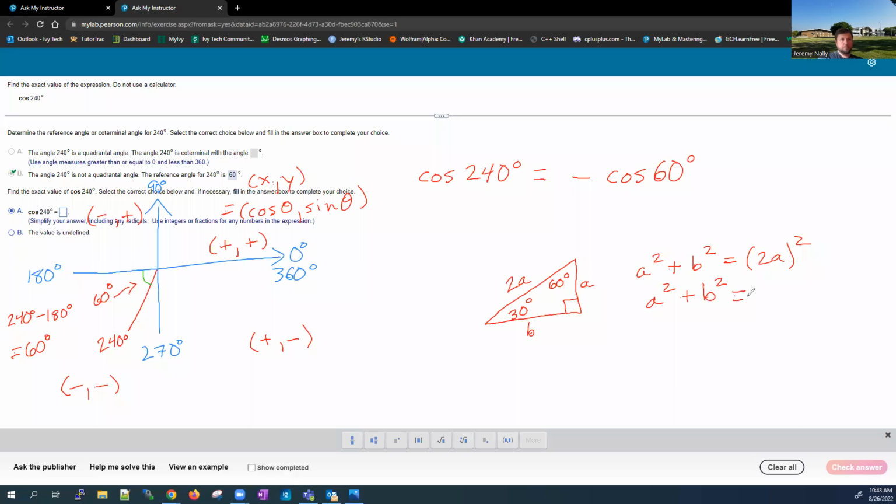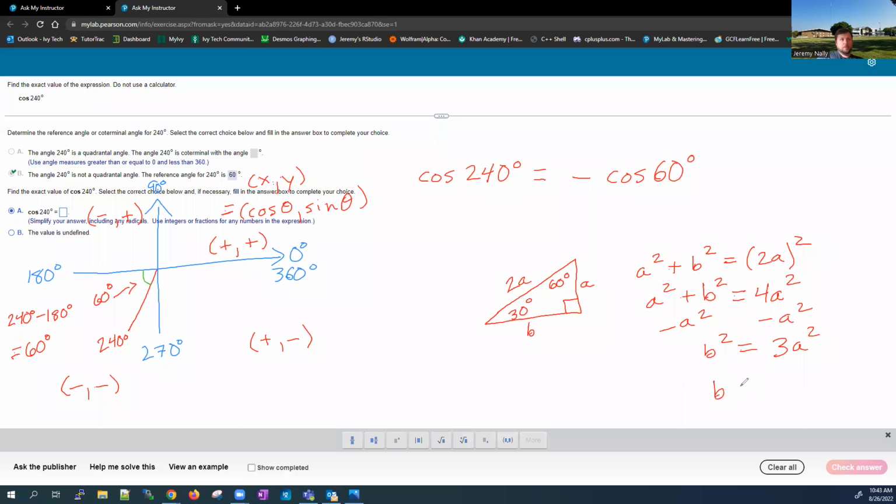So I have A squared plus B squared is equal to 4A squared. Subtract A squared from each side, and I get B squared is equal to 3A squared.